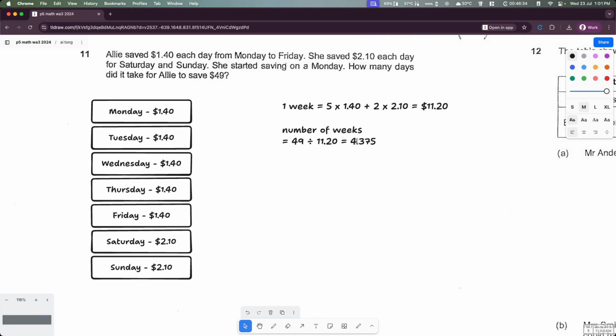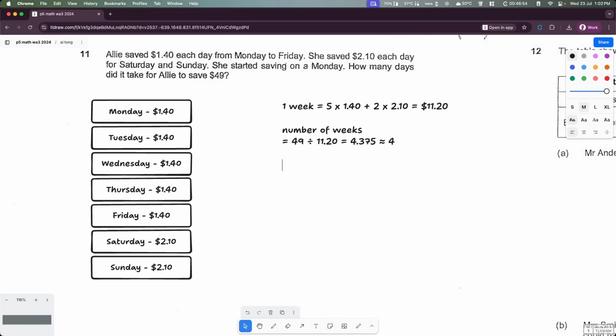That's around 4 weeks. Okay, if we round to the nearest whole number, let me use a curly equal sign. It's around 4 weeks, so number of weeks is 4.